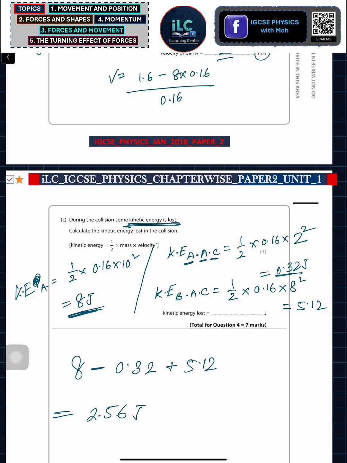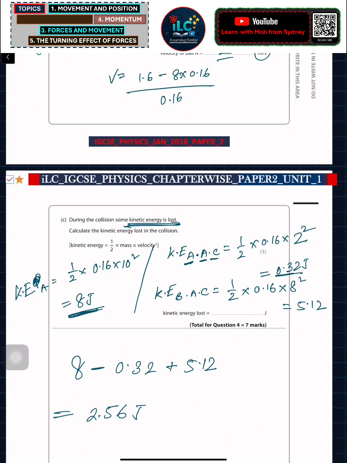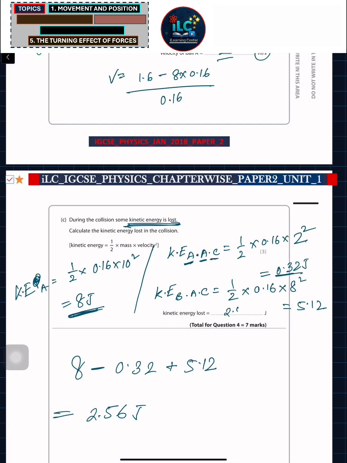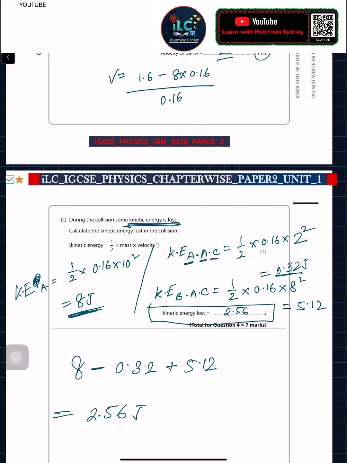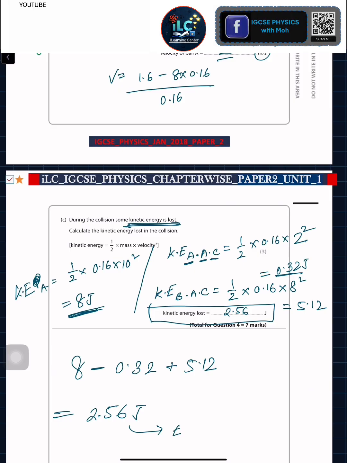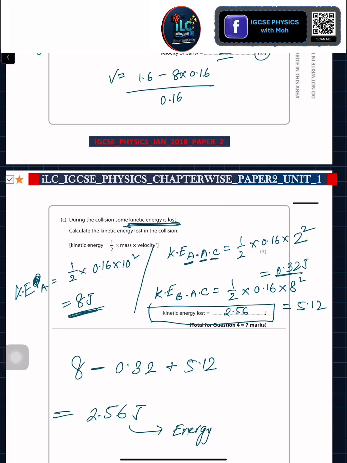Because I'm explaining, I'm writing it bigger, but in the exam you should try to write in the space that's given. This is the energy that we say is wasted. It can be wasted in different forms, for example in heat. Many times they ask you what happens to this energy.